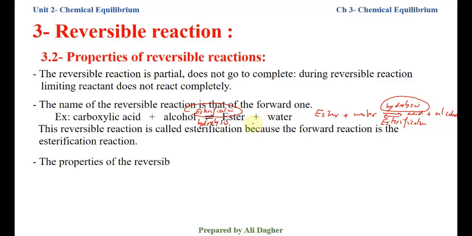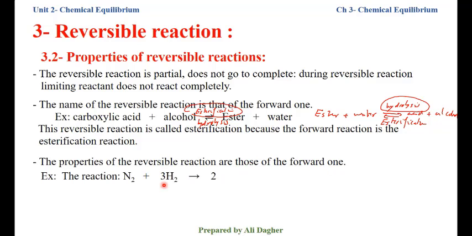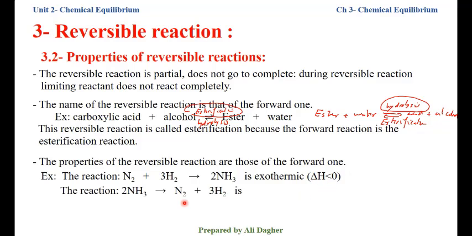The properties of the reversible reaction are those of the forward one. For example, the reaction of synthesis of ammonia from N2 and H2 is exothermic, delta H negative, while the reaction of decomposition of ammonia is endothermic, delta H is positive.